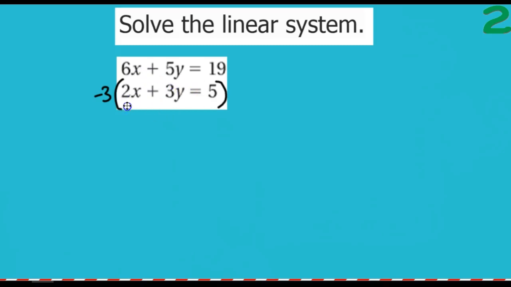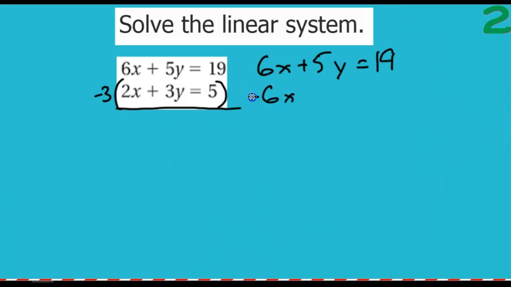If I multiply those, we get 6x plus 5y equals 19, and negative 6x minus 15y equals negative 15. 6x minus 6x gives us 0. 5y minus 15y gives us a negative 10y.